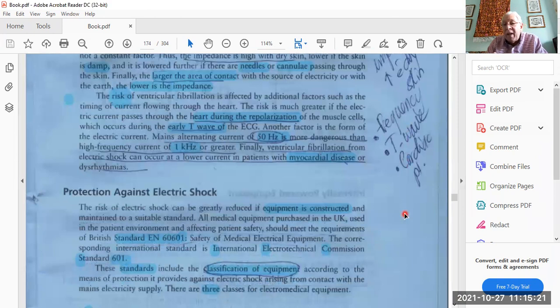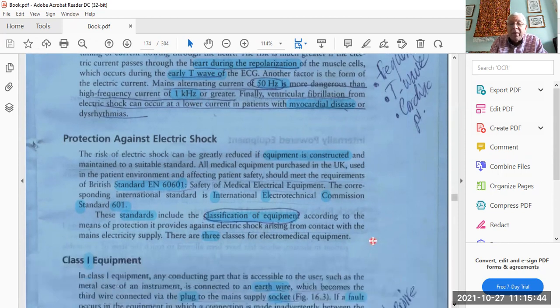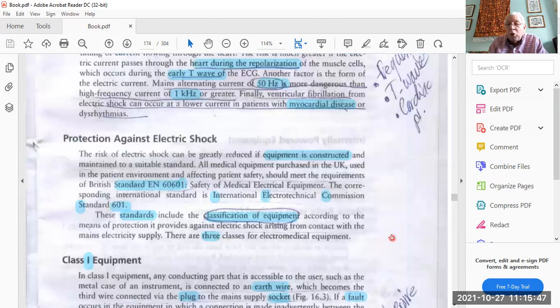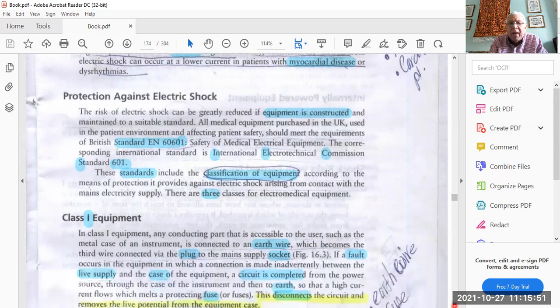Of course, whenever the current is at 50 or 60 hertz, as we know in our country and in the rest of the countries, the incidence of ventricular fibrillation is more. But with electrosurgical equipment like the diathermy, the frequency reaches kilohertz, so ventricular fibrillation will not occur. Of course, how to guard against electric shock?